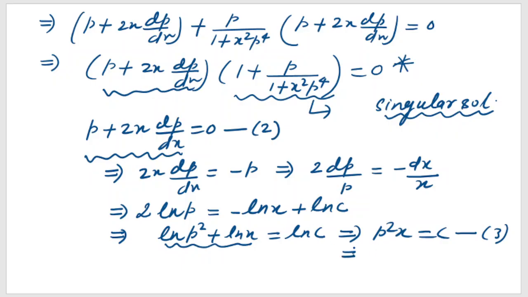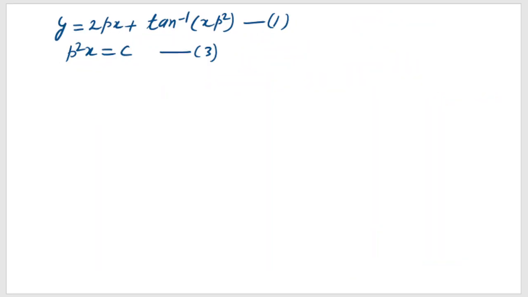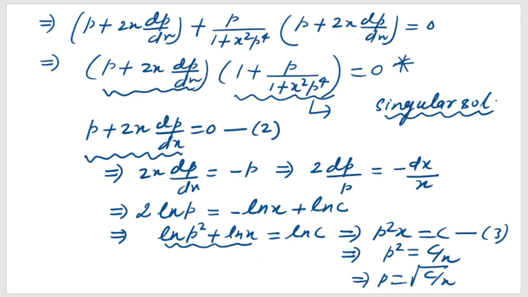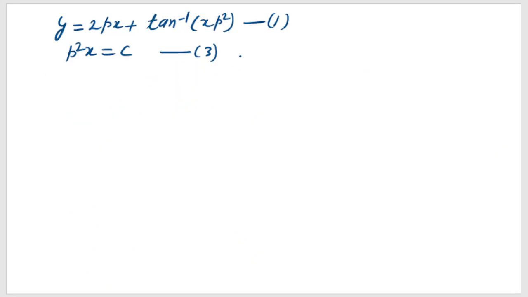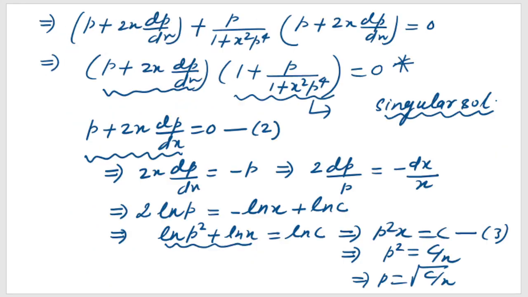So what we can do, we can eliminate p. So how can we eliminate p? The p square will become c by x. So this p will become under root c by x. So what I have done, I have rewritten both the equation number 1 and 3 here. So you can see the equation number 1 is y equals 2px plus tan inverse xp square, and equation number 3 here is p square x is equal to c.